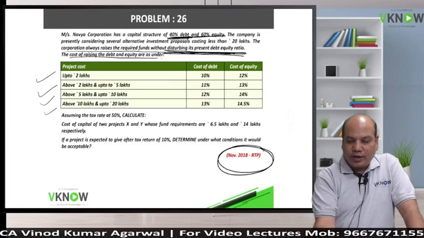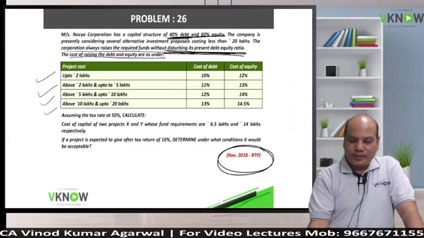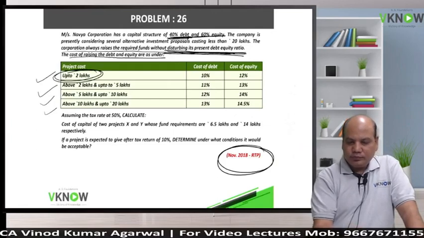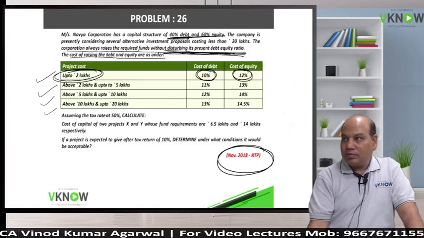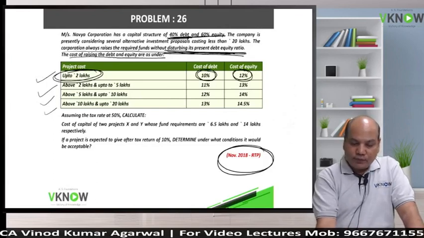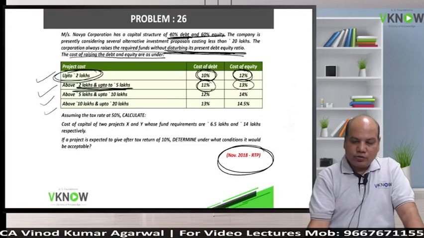Cost of raising debt and equity are as follows. If you raise up to rupees 2 lakh, cost of debt will be 10%, equity will be 12%, but for 2 lakh to 5 lakh, 11% cost of debt, 13% cost of equity.